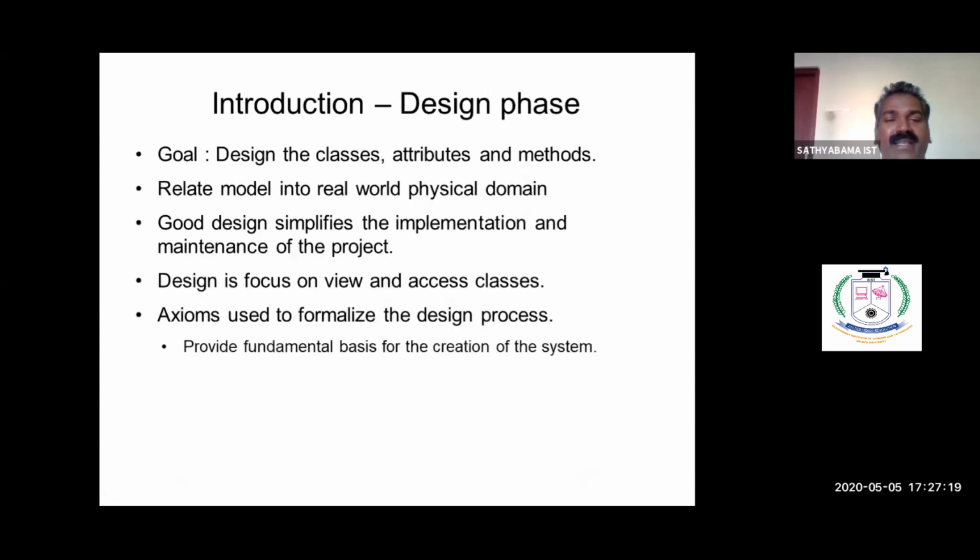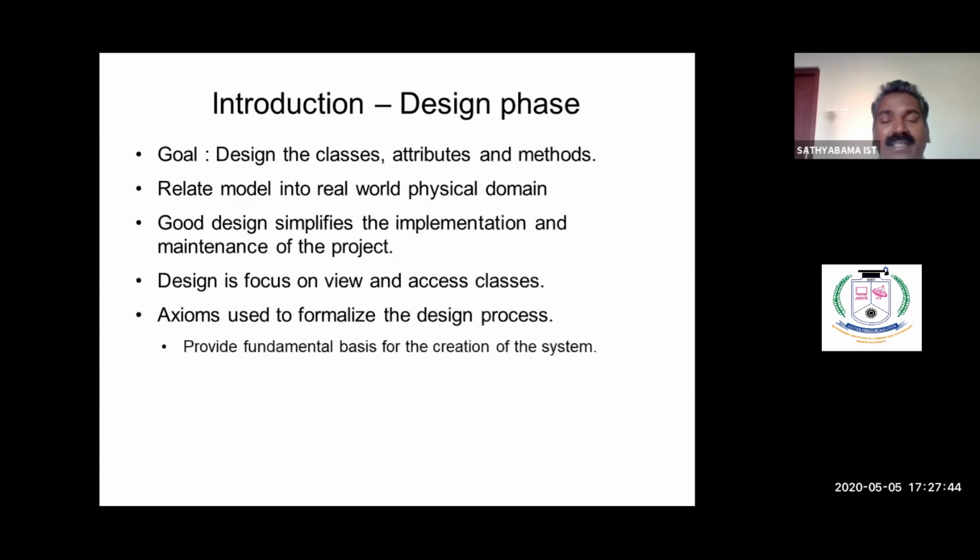Based upon this background, the next stage is the design phase. The goal of the design phase is to design the classes, attributes, and methods. Importantly, in the design phase, we need to relate the model to the real-world physical domain. A good design simplifies the implementation and maintenance of the project.